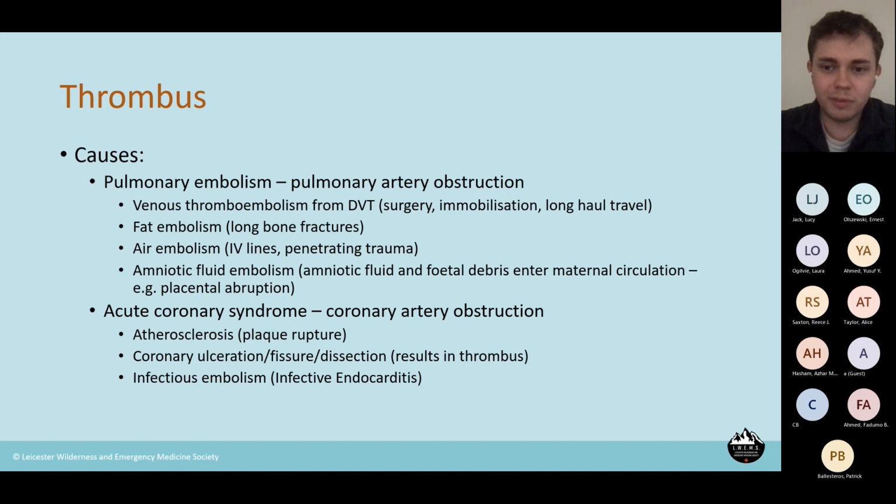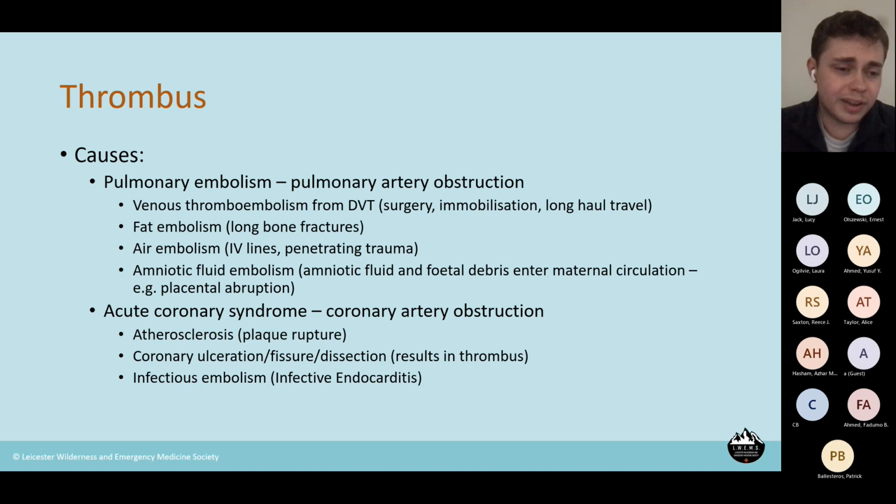Could be a fat embolism from long bone fractures, air embolism from indwelling lines or penetrating trauma, or amniotic fluid embolism. So the amniotic fluid or fetal debris can enter the maternal circulation in things like placental abruption.